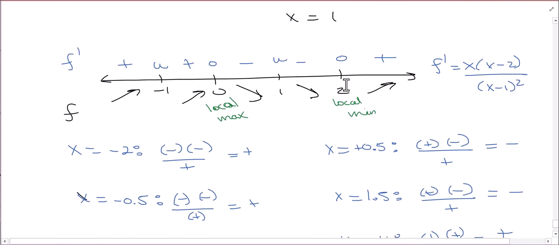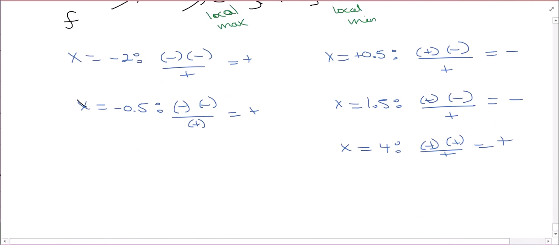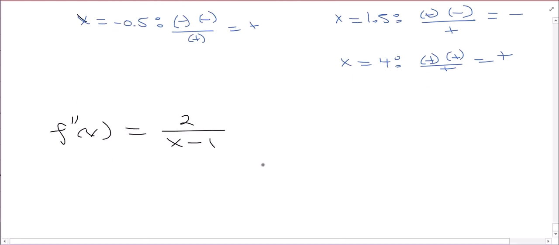I'm not going to go through the math, but when you find the second derivative, your second derivative for f of x will be just 2 over x minus 1. Notice that it makes sense that you only have one critical number. So x equals 1 makes the second derivative undefined.